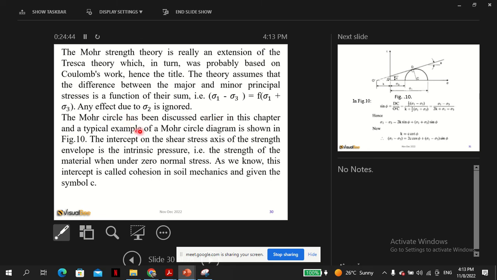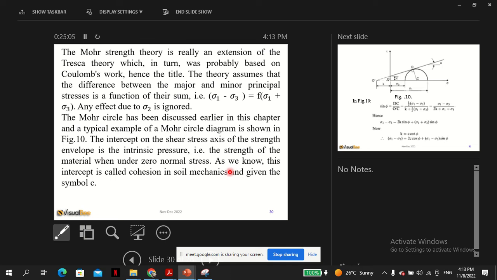The Mohr circle has been discussed earlier in this chapter, and a typical example of a Mohr circle is shown in figure 10. The intercept on the shear stress axis of the strength envelope is the intrinsic pressure, i.e. the strength of the material when under zero normal stress.